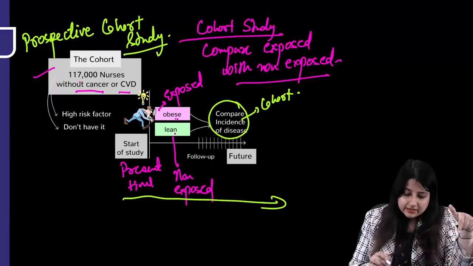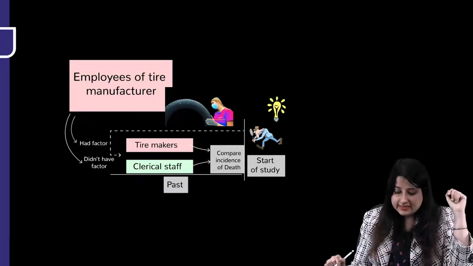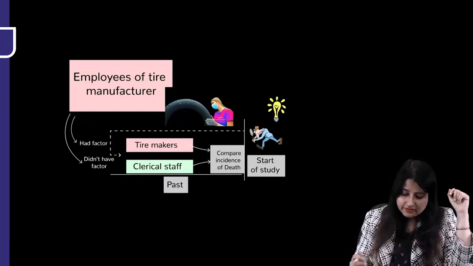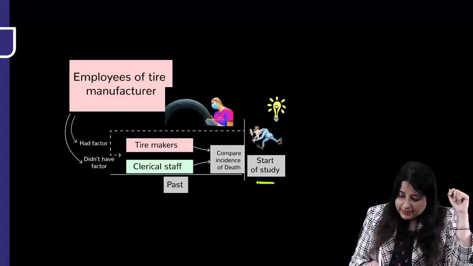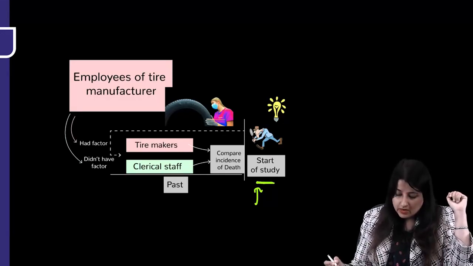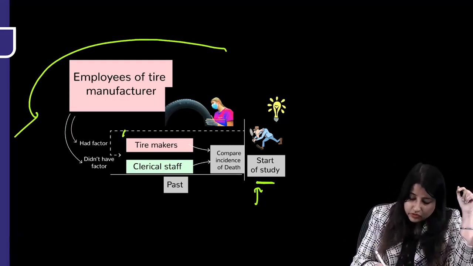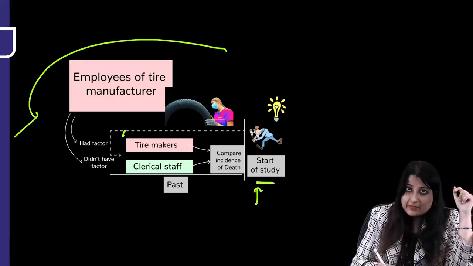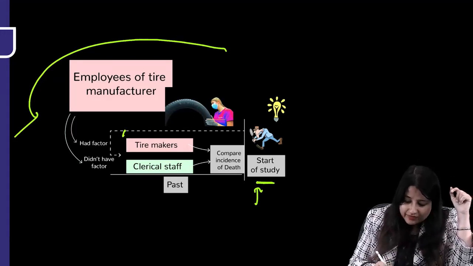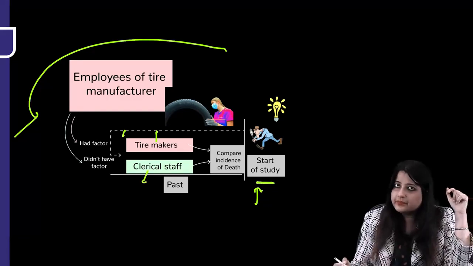What was that? Look at this study now. What happens over here? You are starting your study here, and then you are first going backwards. You're taking employees of the tire manufacturers and you've divided them into tire makers and clerical staff.